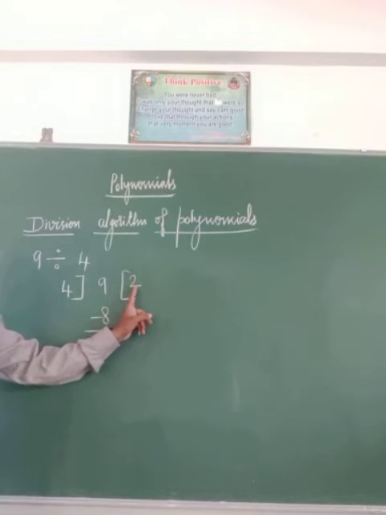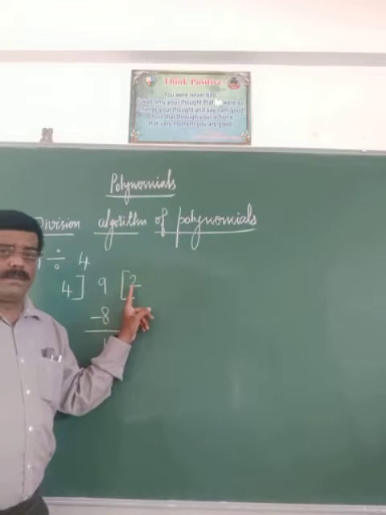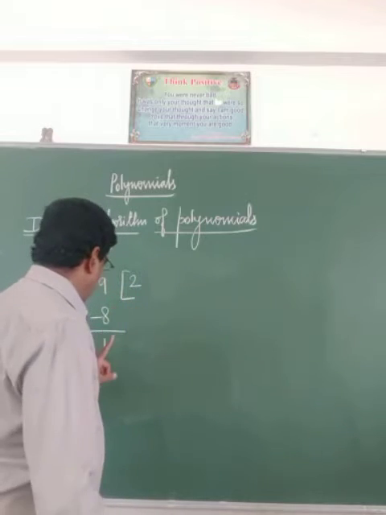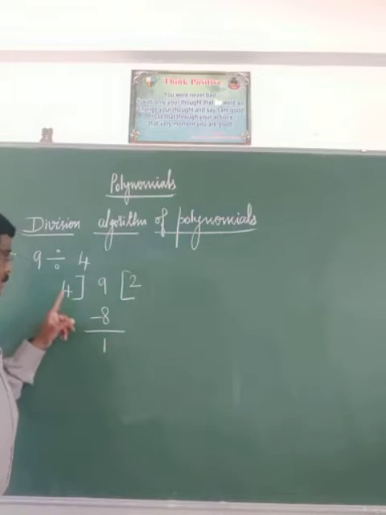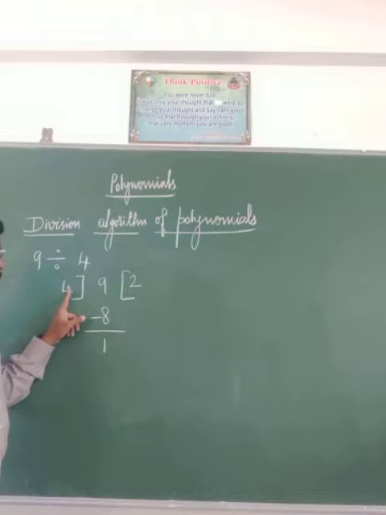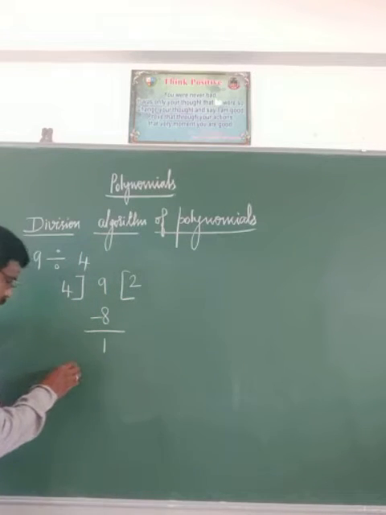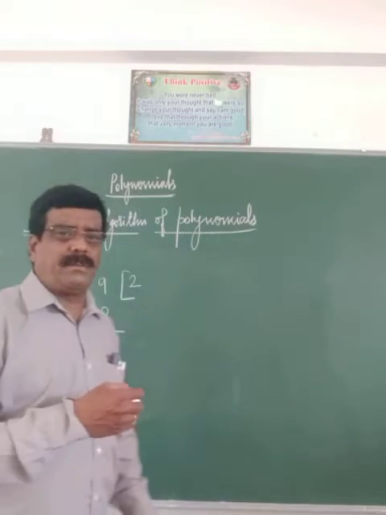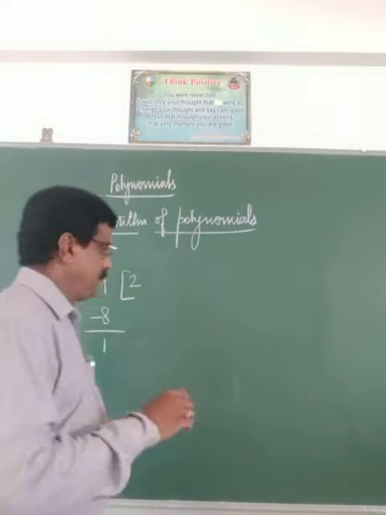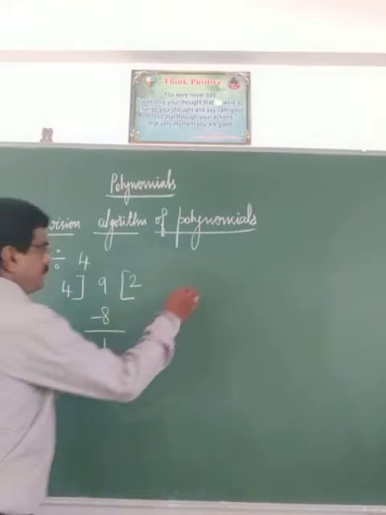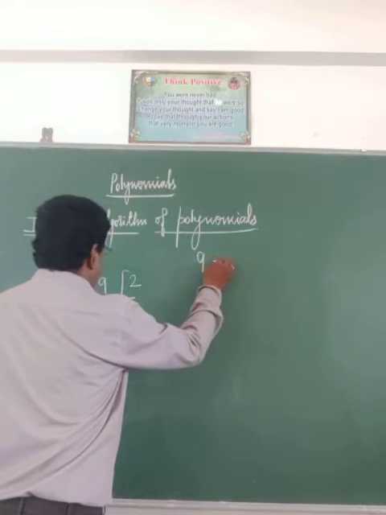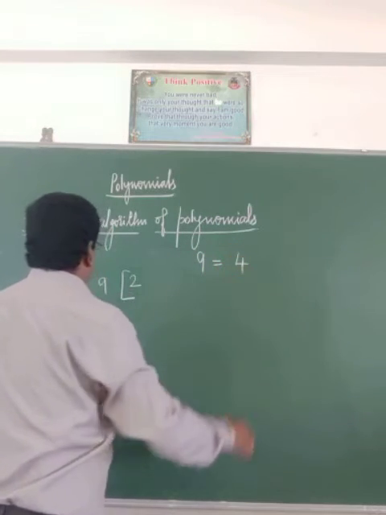So 2 is the quotient, 1 is the remainder, 4 is called the divisor and 9 is the dividend. This is the 6th standard level basic concept in division. If you apply this, that is 9 is equal to 4.